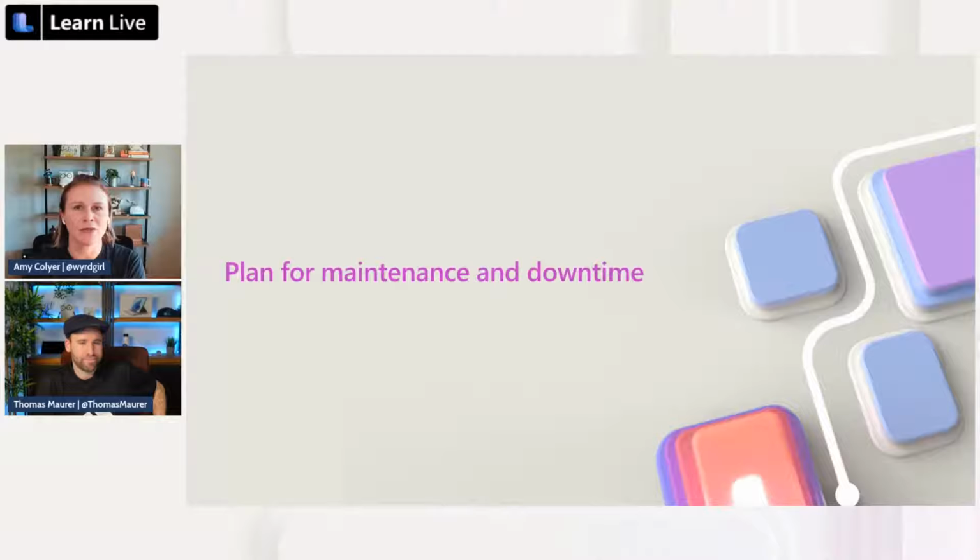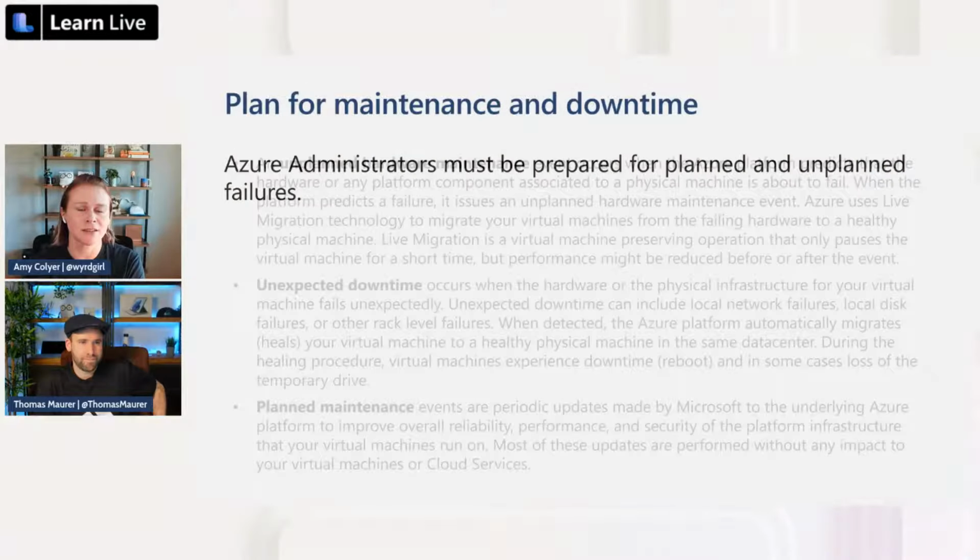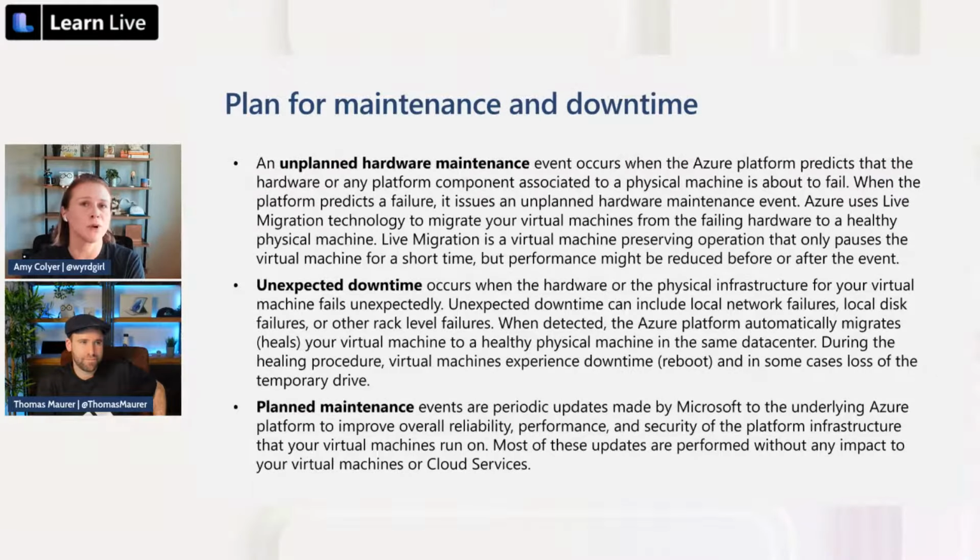In Azure, we do have a pre-planned maintenance window, so you won't be impacted. And then there's also an unplanned outage where you might notice some reduction in your application, but it'll be up, or unexpected downtime where we initially live migrate to a healthy physical host.